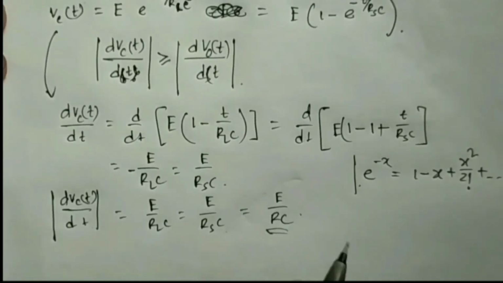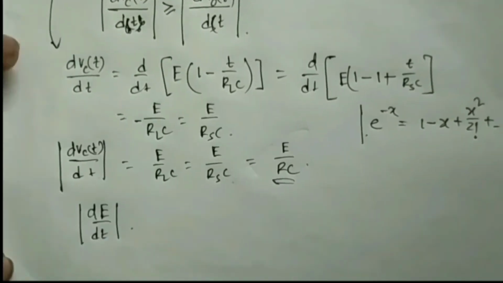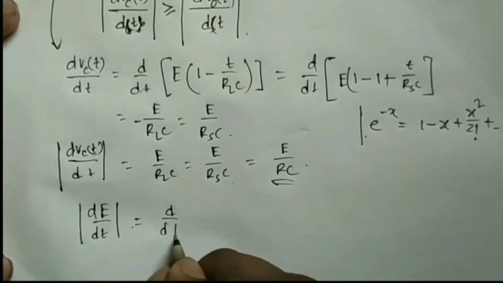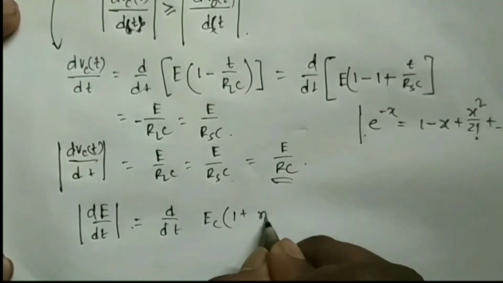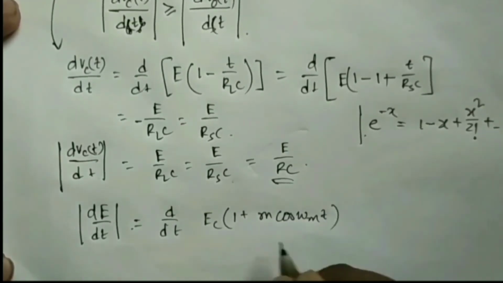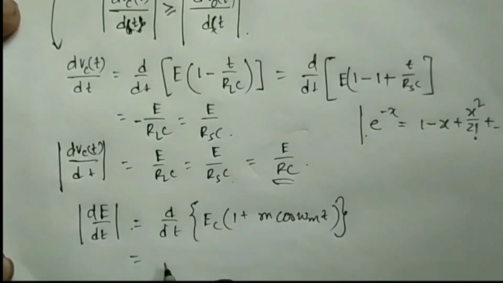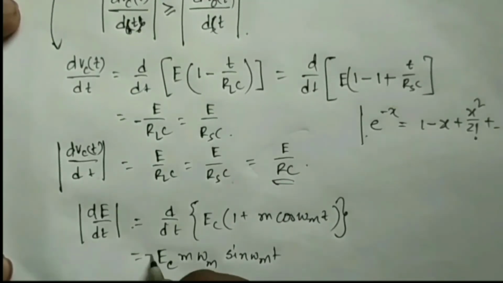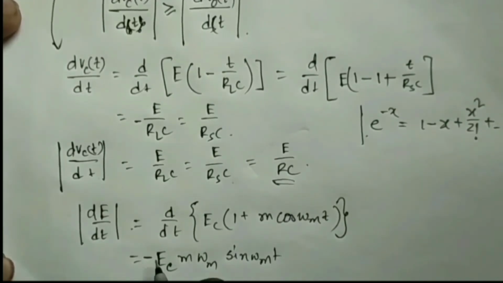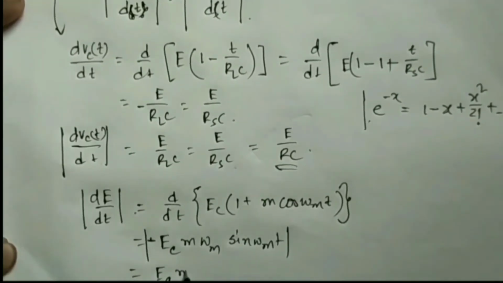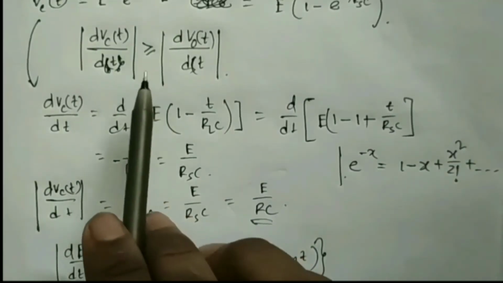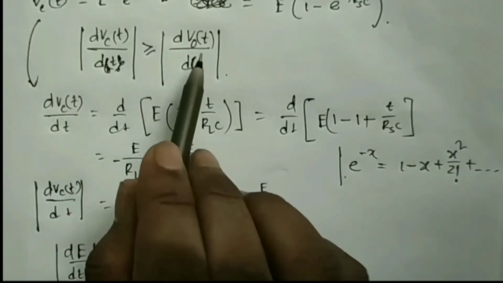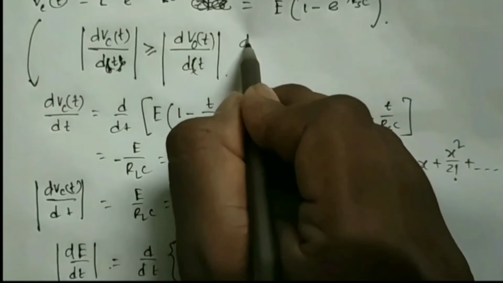Now the slope of the envelope, that is dE/dt, is the differentiation of EC into 1 plus m cos omega mt, that is EC into m omega m sin omega mt with a minus sign. And since we are taking the mod value, the result will be EC m omega m sin omega mt. Now according to this condition, dVCT/dt should be greater than dE/dt.